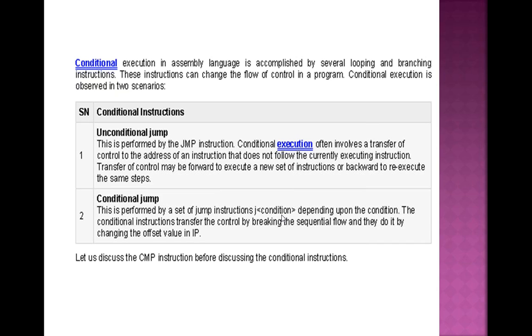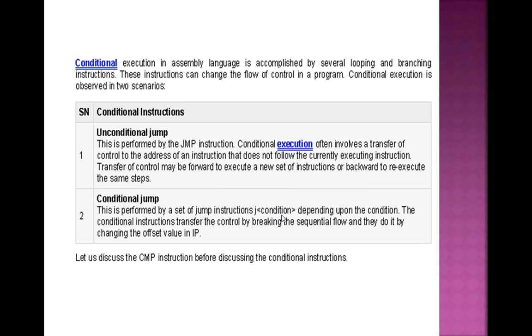Conditional execution is accomplished using looping and branching instructions. These instructions can change the flow of control in a program. It is performed using 2 operations, the unconditional jump as well as the conditional jump.